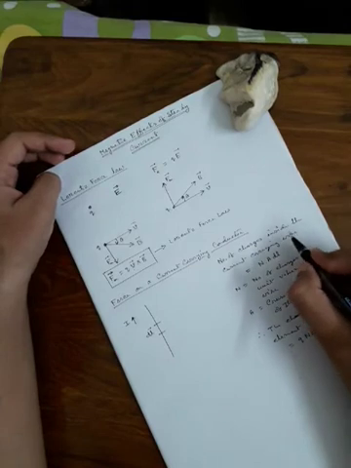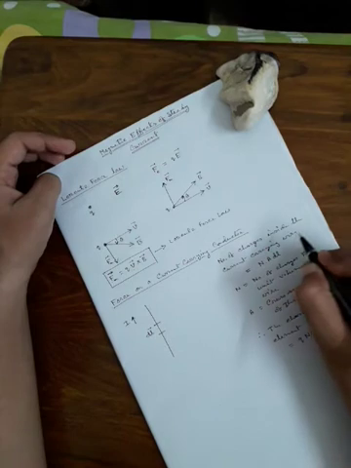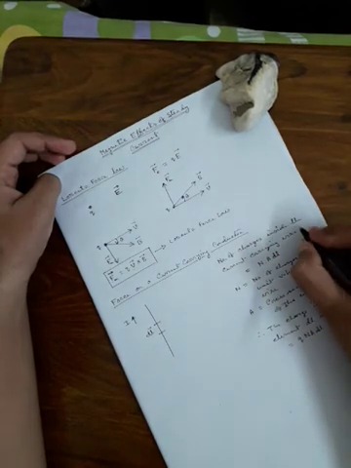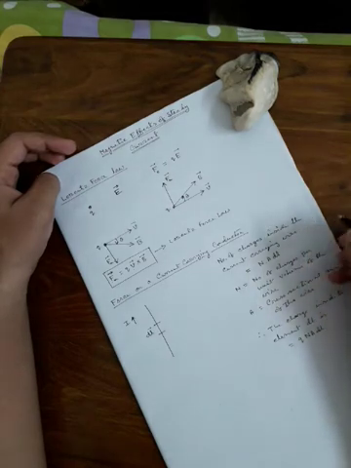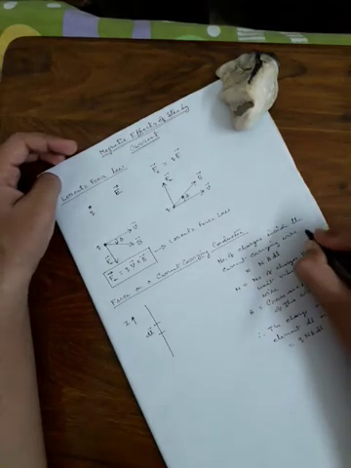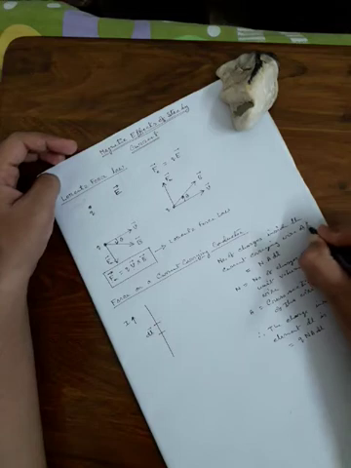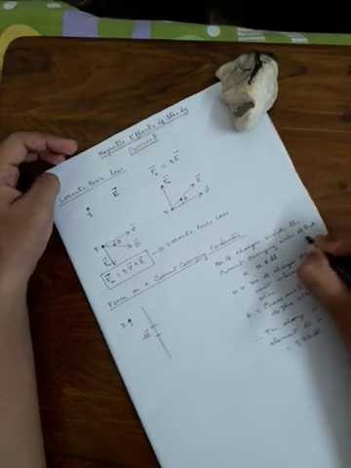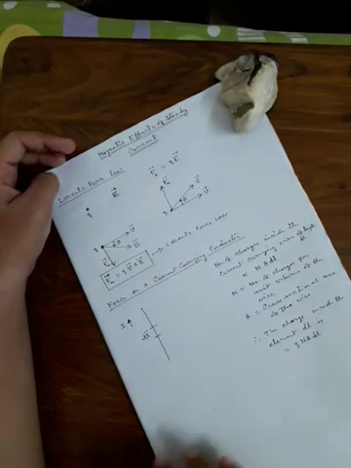This is actually the total charge inside the current carrying wire, or specifically the element dl, the current carrying wire of length dl.